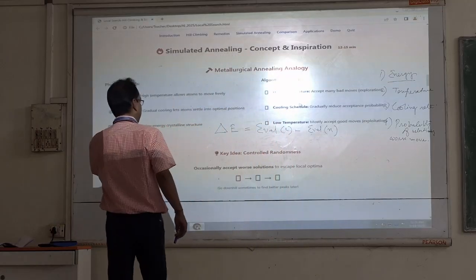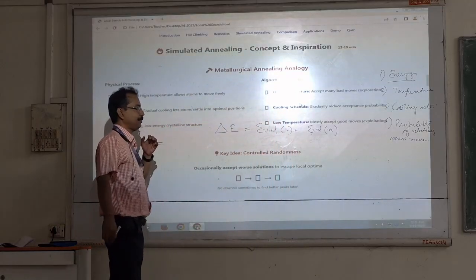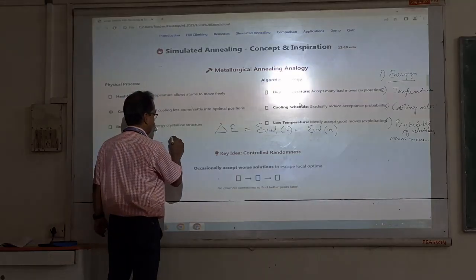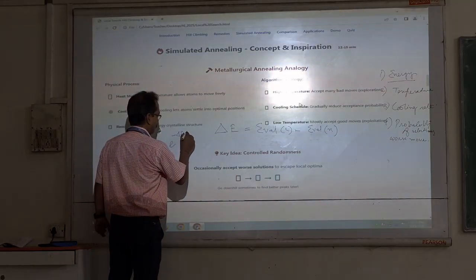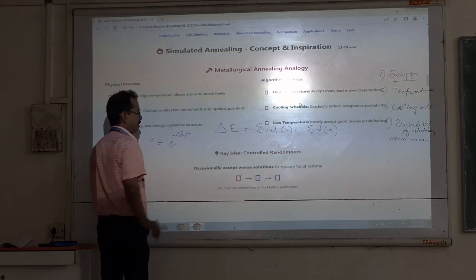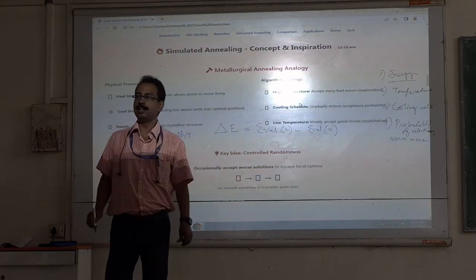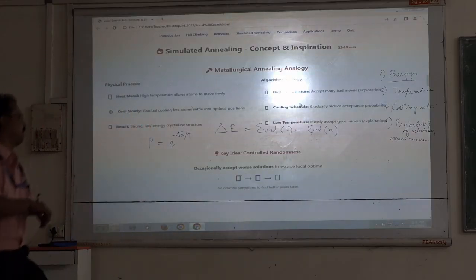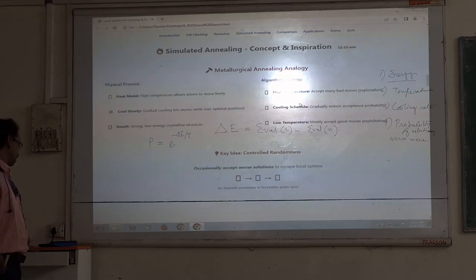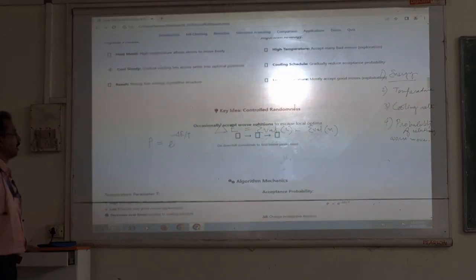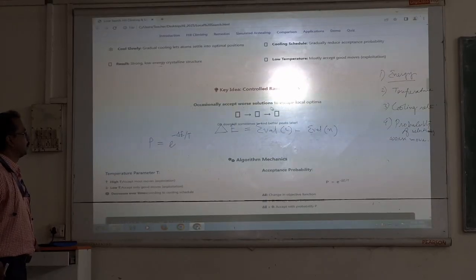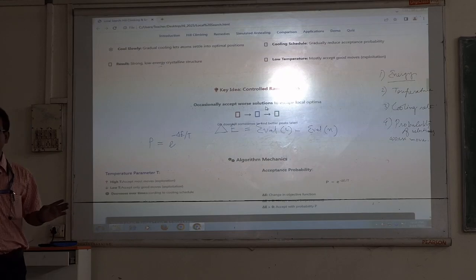The probability is considered to be e to the power minus delta E by T. This is the probability based on which I will select the worst move.